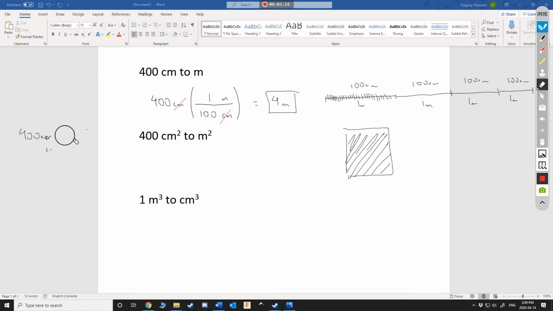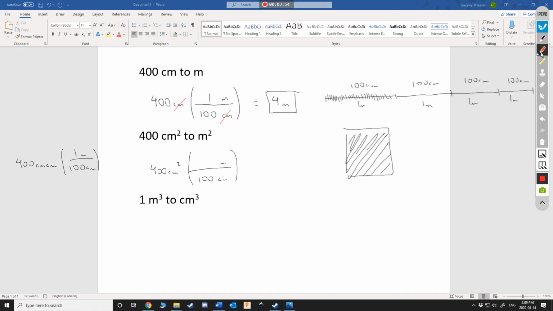When we want to convert 400 centimeters squared to meters squared, we start the same way. We have 400 centimeters squared, and we write that same conversion factor: 1 meter over 100 centimeters.